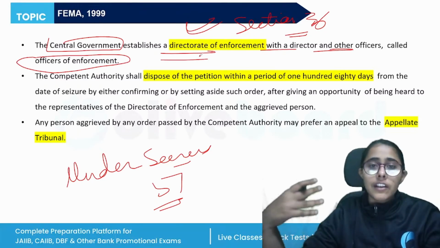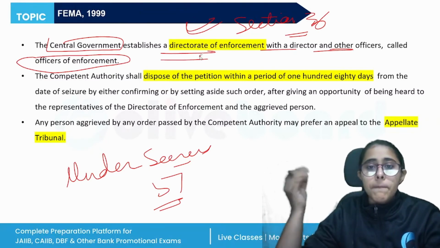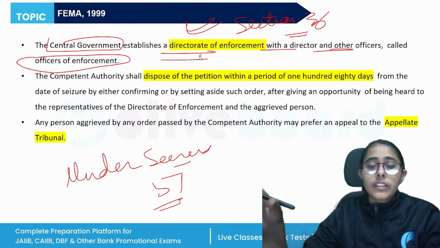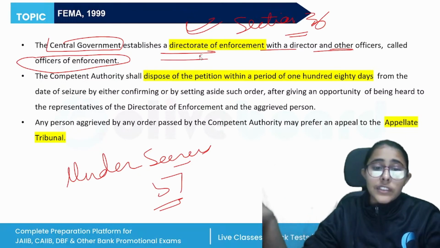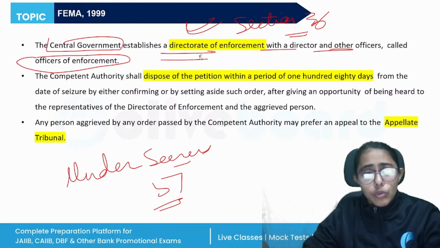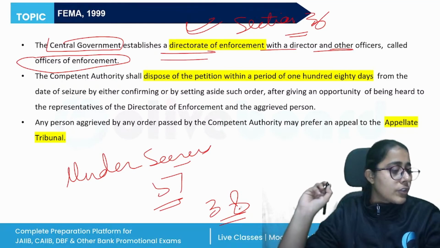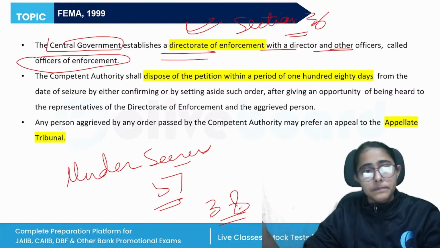But if the central government finds fit, they can also appoint under secretary level officers from the state government, central government, or RBI, right? So now the central government can authorize any customs officer, central excise officer, or any police officer to exercise the powers and discharge the duties given in section 38. So three sections deal with the Directorate of Enforcement: section 36, section 37 and section 38.